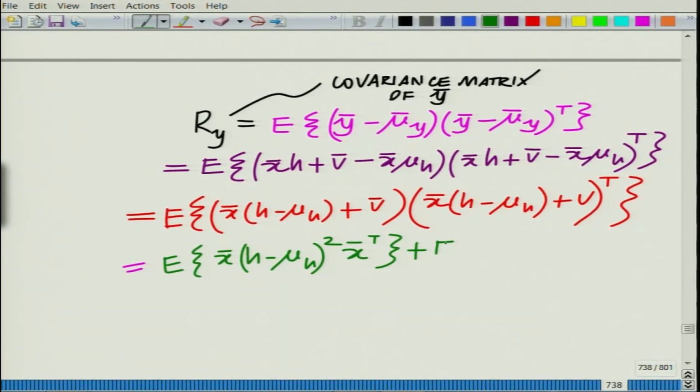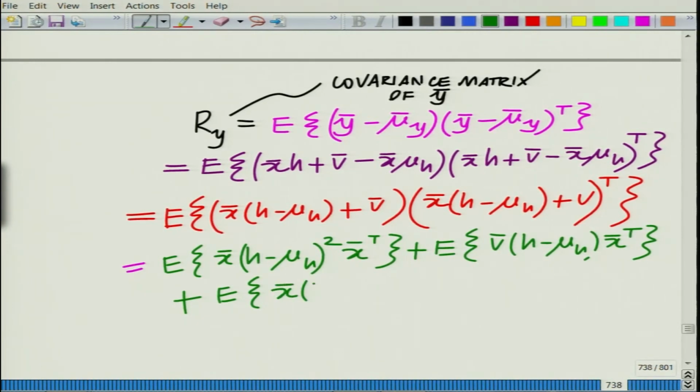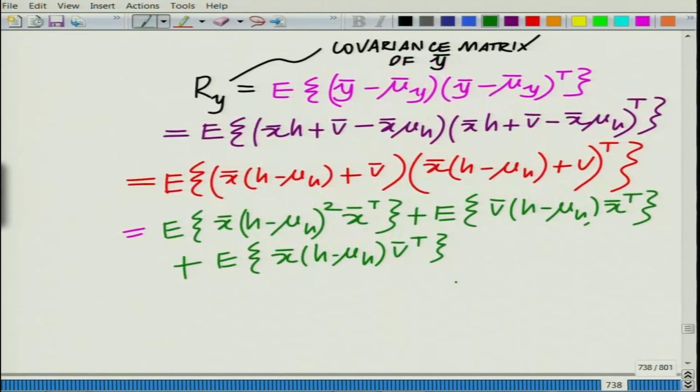Now we are going to use a property. If you look at these terms, that is the expected value of v bar times H minus mu H times x bar transpose, plus the expected value of x bar times H minus mu H times v bar transpose, plus the expected value of v bar v bar transpose.